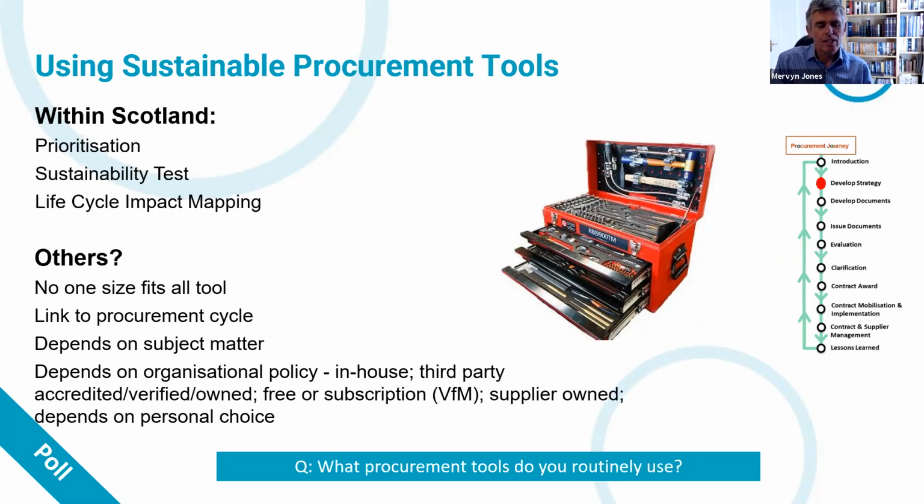So there's that risk factor that comes back in, there's that impact factor alongside the spend factor. And clearly there is no one tool that meets everybody's needs. So again, it's understanding what the range of tools available are, just like when we go into the local DIY store, and what tools are fit for purpose in terms of what it is that we're trying to do.